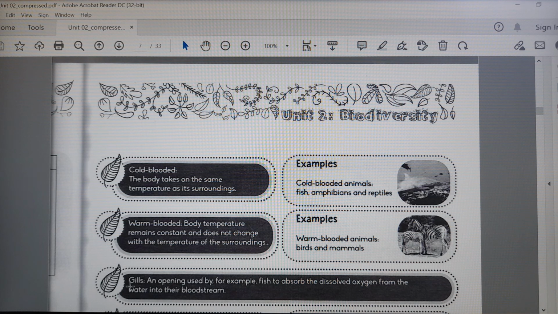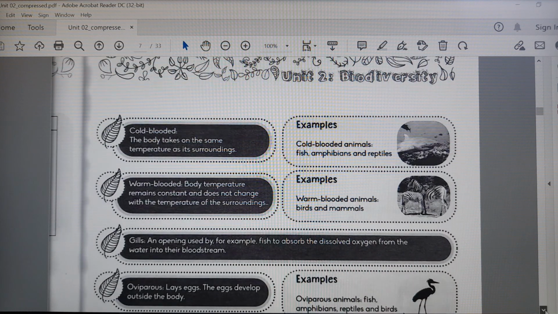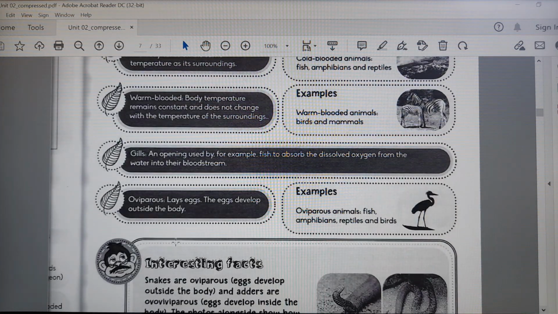And what are gills? We saw when we talked about fish that they breathe through gills. Gills are an opening used, for example, by fish to absorb the dissolved oxygen from the water into the bloodstream.